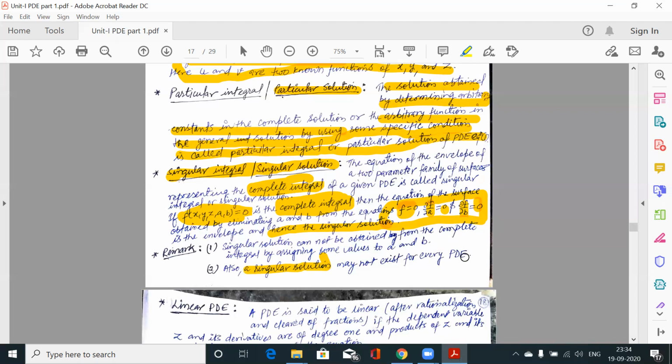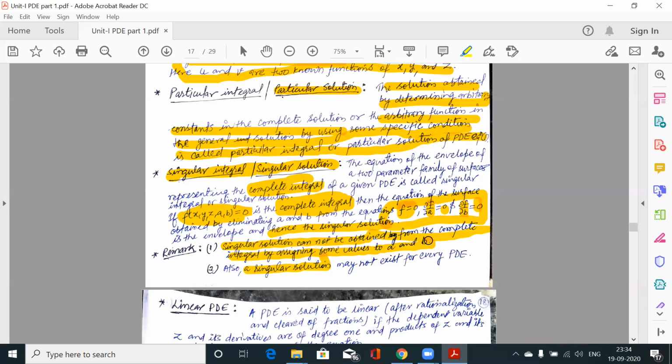For some PDEs it exists, otherwise it does not. And the singular solution cannot be obtained from the complete integral by assigning some values to a and b. By assigning values to a and b we find the particular solution, not the singular solution.